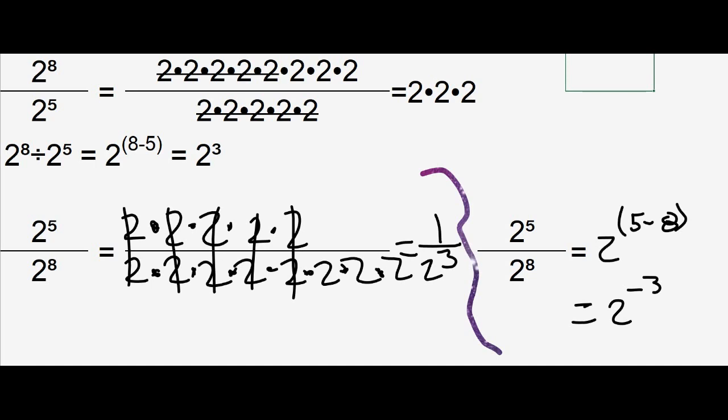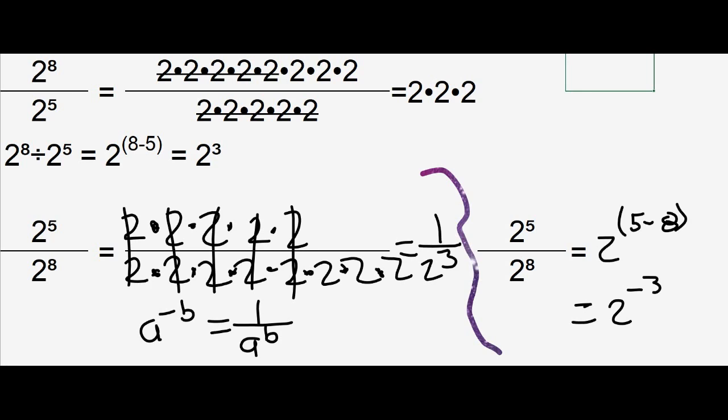So I can now say that a negative exponent is equal to the reciprocal of the positive exponent. If I have a to the negative b, that's the same as 1 over a to the positive b. So that's what negative exponents mean.